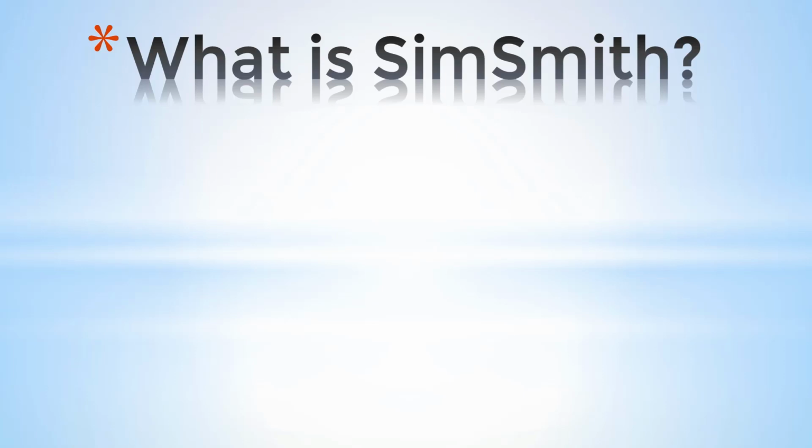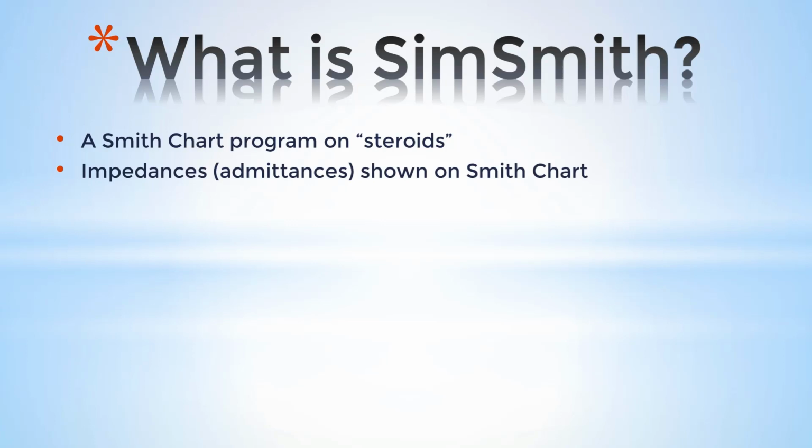So what exactly is SimSmith? SimSmith can be thought of as a Smith chart program on steroids. Impedances and admittances are shown on the standard Smith chart like most Smith chart programs do. But it acts also as a general RF analysis program if you wish.